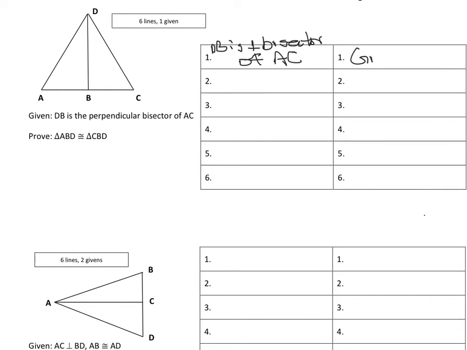So there's my given. Okay. B is a perpendicular bisector of AC. Now, from that, I can come over here and mark that I know that these two are right angles. That's from the perpendicular. So let's go ahead and write that down.